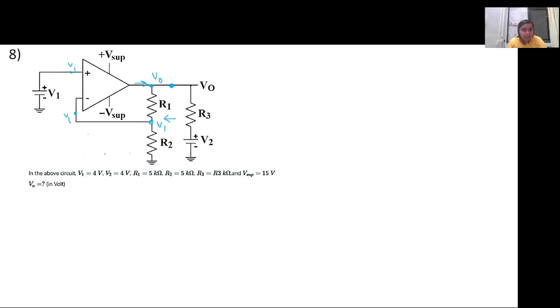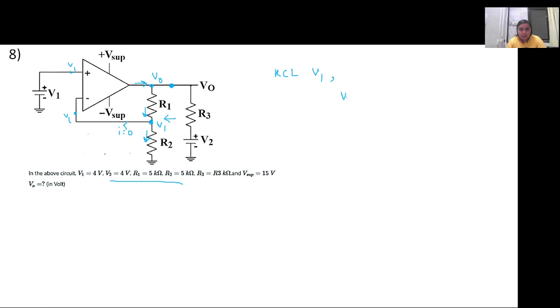So let's apply KCL at V1, because whatever current will be flowing from this particular branch will flow through this branch, because there is no current flowing through this particular branch. So the best option to relate V naught with the input parameters that are given is applying KCL at V1.